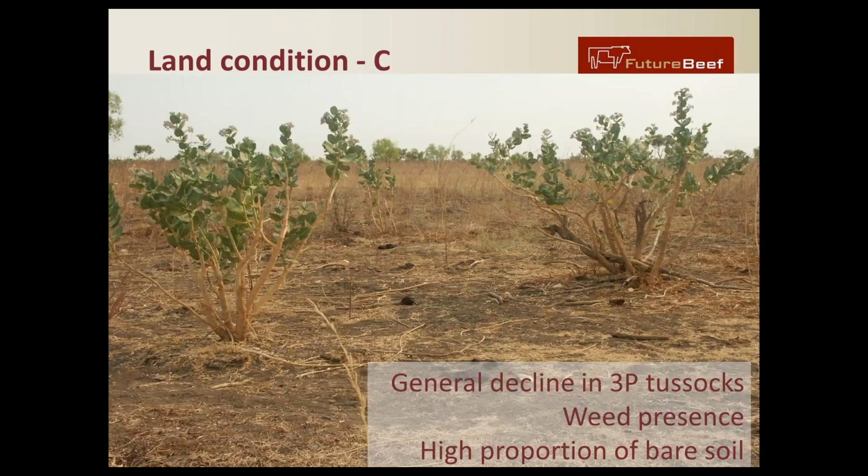As you can see, to get to C condition, the land has had quite a, excuse the expression, flogging. There has been a significant reduction in 3P tussocks, your palatable productive perennial tussocks, and there's now a weed presence, rubber bush. You'll also note a high proportion of bare soil.